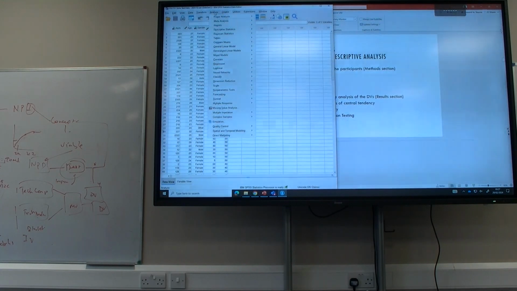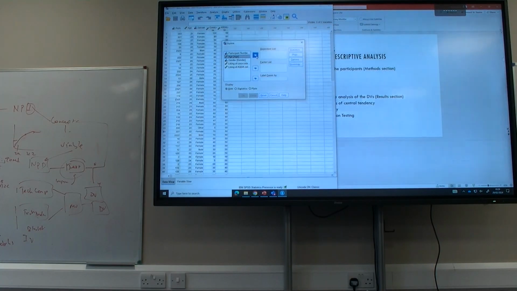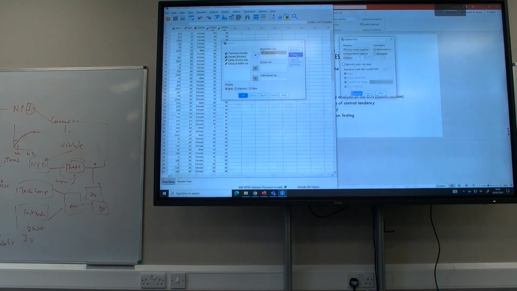So if you go to Analyze, Descriptive Statistics, Explore, and move age into the dependent box. And then click Plots. Click Histogram and untick Stem and Leaf, and click Normality Plots with Tests, and then you can click OK and continue.